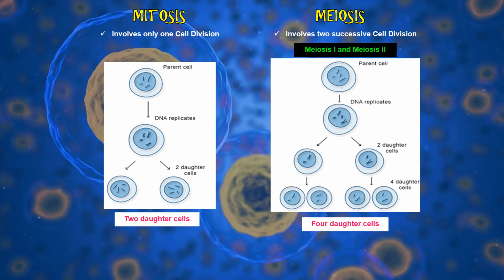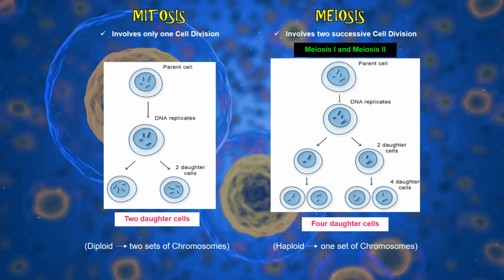The next major difference is based on the chromosomal number of the daughter cells. In mitosis, the daughter cells are diploid with two sets of chromosomes just like the parent cell. While in meiosis, the daughter cells produced are haploid with only one set of chromosomes.